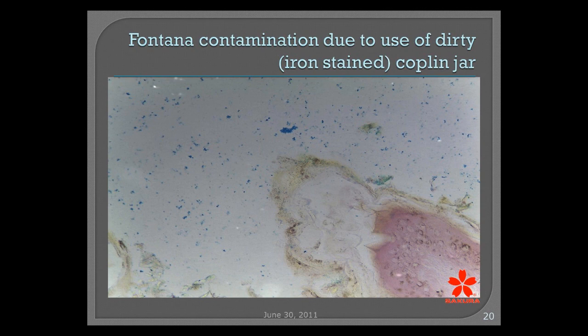This is the effect that you're going to see. All of this blue precipitate out here is the contaminant that came from the Coplin jar that was previously used for an iron stain and then inappropriately cleaned for the silver stain.